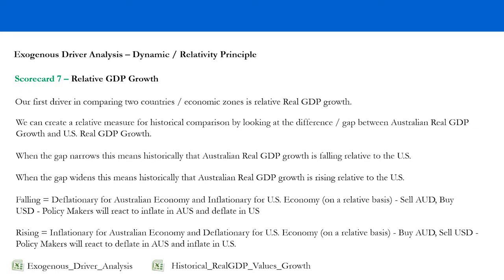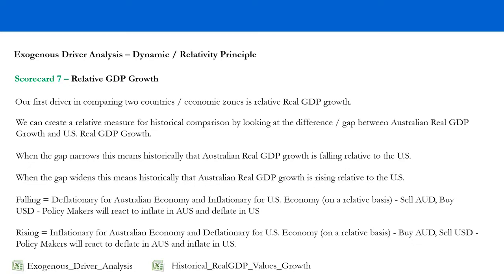So our bias is to buy the Australian dollar and sell the US dollar. Policymakers are going to react to deflate in Australia and inflate in the US on a relative basis.